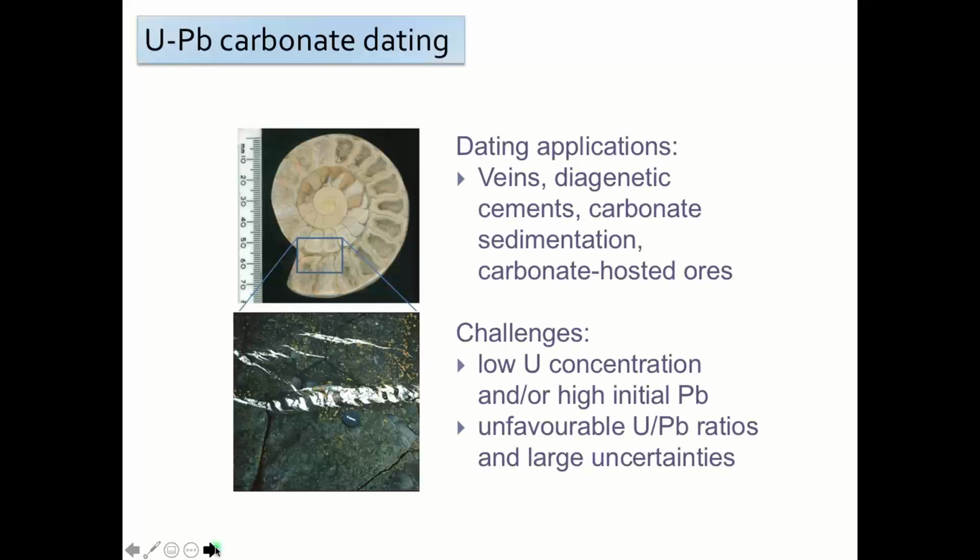But carbonates, for example calcite, contain really small amounts of uranium, probably 1,000 times, 3 orders of magnitude less than zircon. It also has a relatively substantial amount of initial lead, and this can generate unfavorable uranium-lead ratios and large resultant age uncertainties.